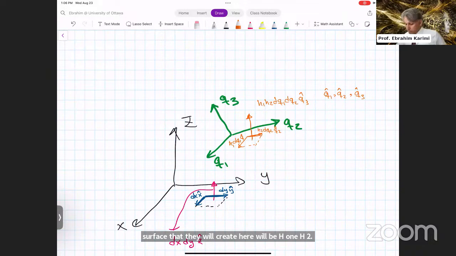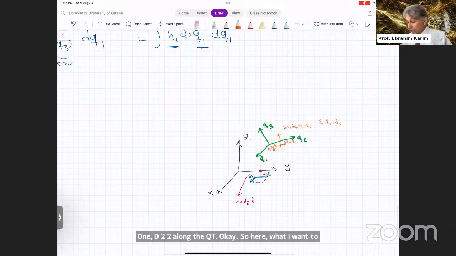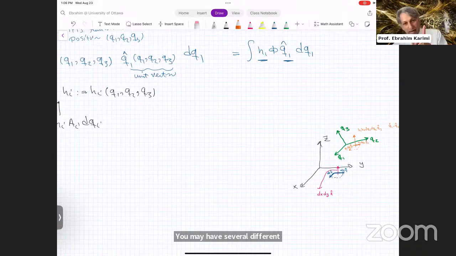Okay. So here, what I want to say to you, you may have several different surfaces: one surface along q1 hat, one surface along q2, one surface along q3.